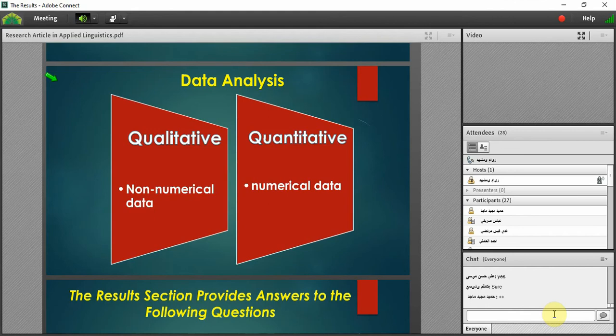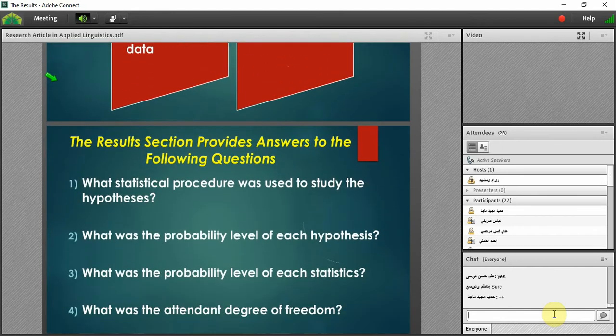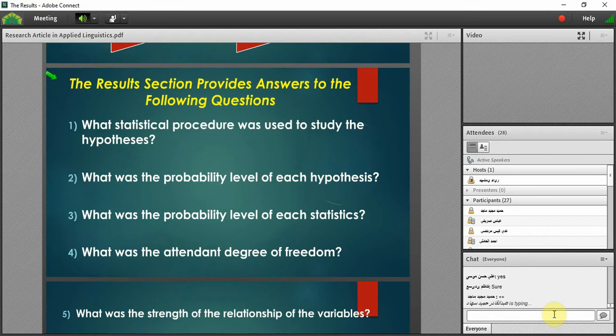Interviews, questionnaires, and observations are all parts of the qualitative approach to data analysis. Okay, did you get the point, everybody? Very good.